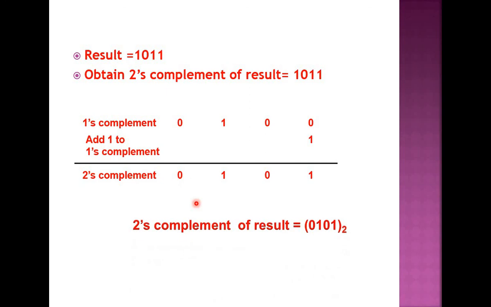We get the 2's complement result 0101 to the base 2. In this way we perform the subtraction 0100 to the base 2 minus 1001 to the base 2 is equal to 0101 to the base 2, negative. So in this video we studied binary addition, binary subtraction, and binary subtraction using 2's complement.